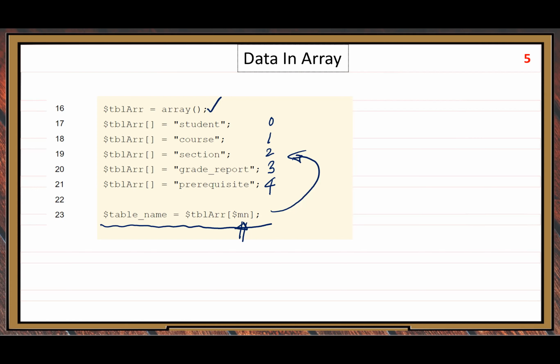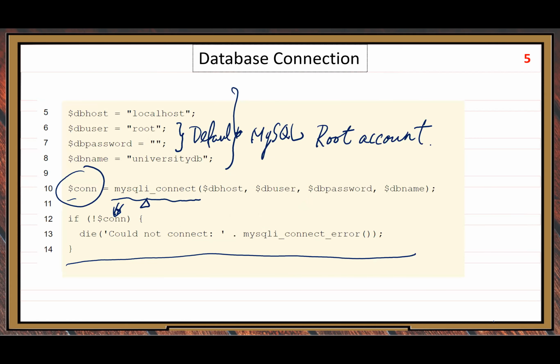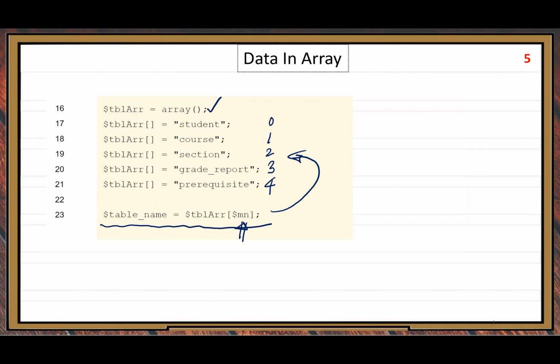You pass that index, from 0 through 4, and the corresponding table name will be ready for you to do the query. Our next step, we need to do the query.